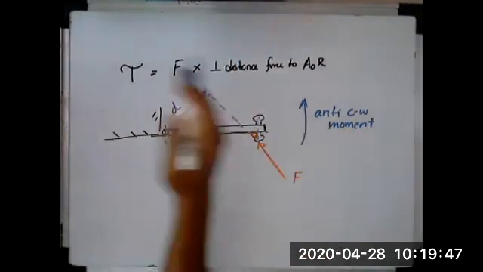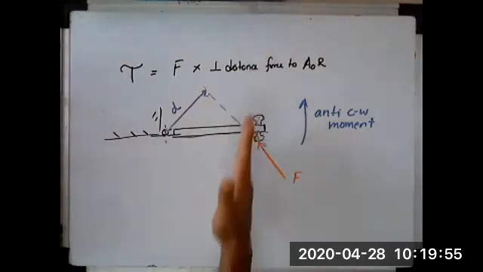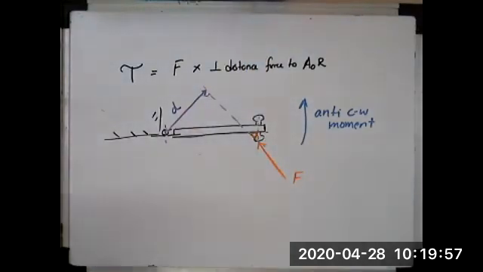So you are attempting to turn the door that way. Okay, but you are applying the force at an angle to it. So it's not at 90 degrees to the plane of the door, you're applying a force for some reason. You can imagine if you're standing by the side of the door and you're talking to somebody and you're giving the door a push, then you are applying it at an angle.